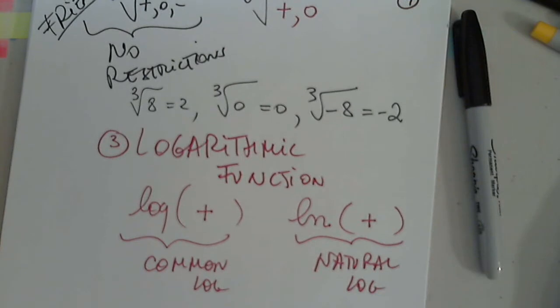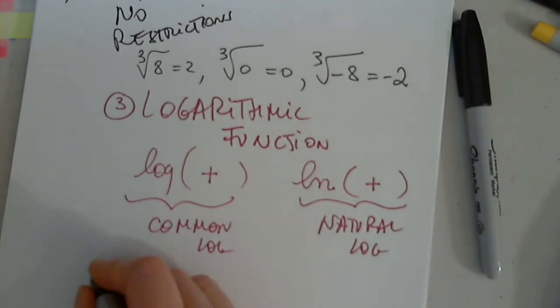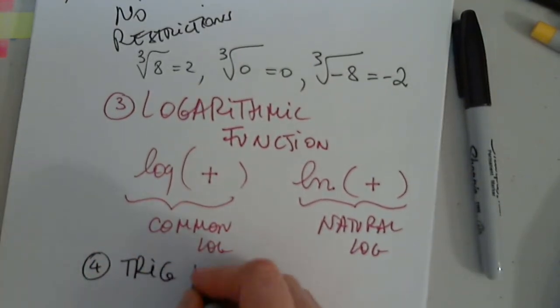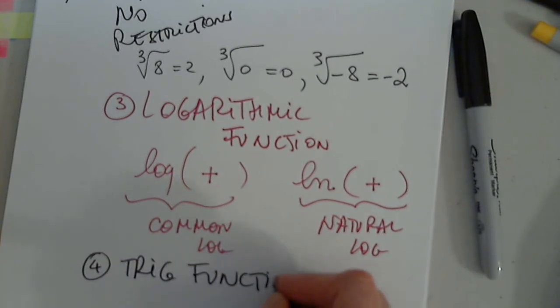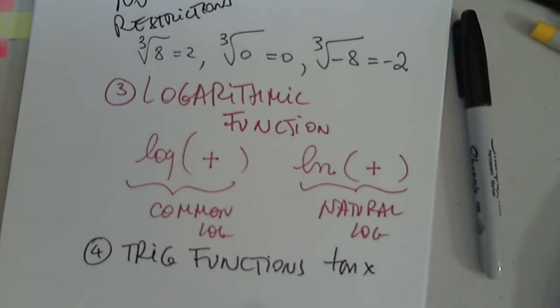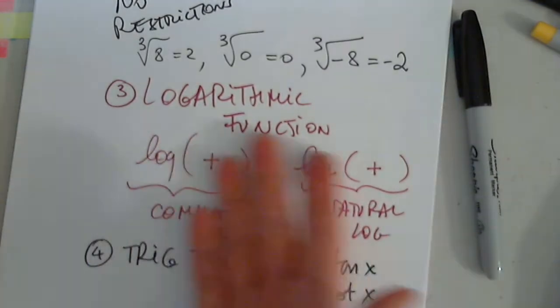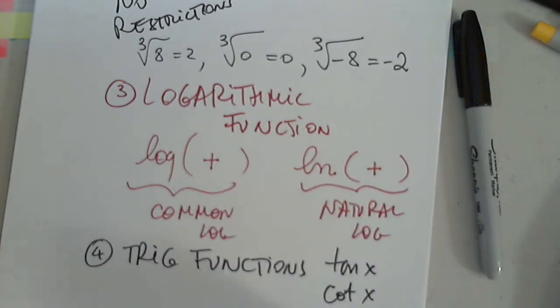And there are others, of course. Number 4, trig functions, like tangent, like cotangent, like secant, cosecant. So these are a few of the functions with restrictions. If I encounter a log equation, I have to state restrictions.